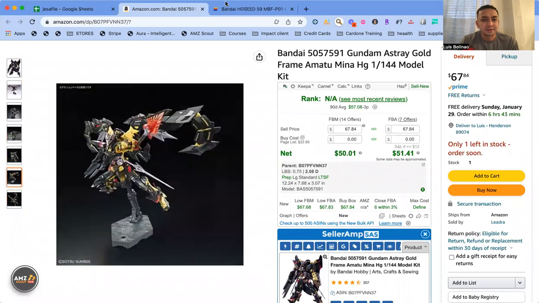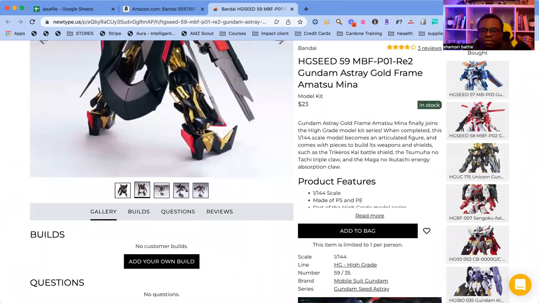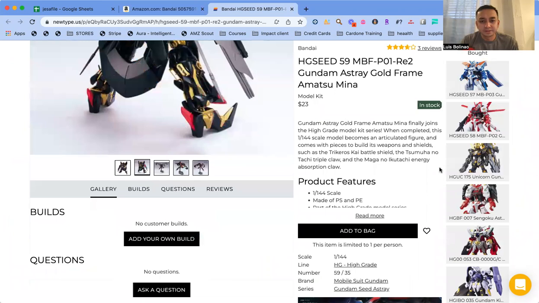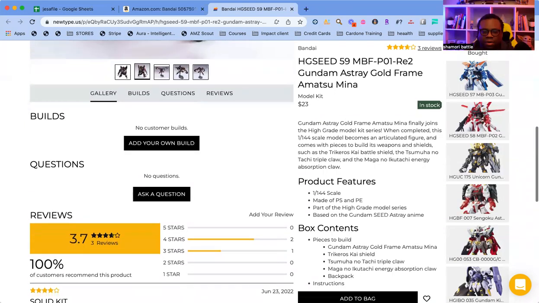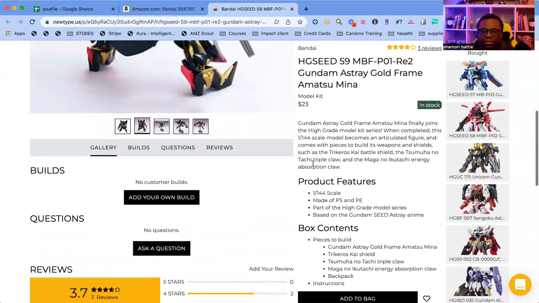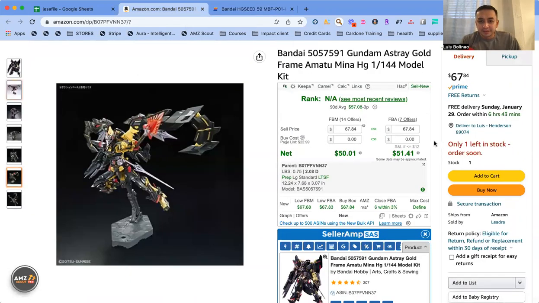Let's see. Photos look the same. What are the dimensions? That might tell you. Like that's 1/44 scale. Oh, right here. Yeah. Right here. Okay.